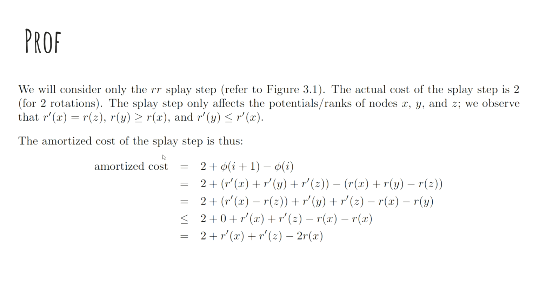So the amortized cost is equal to the actual cost, 2, plus phi i plus 1, the step after, less the potential function of i operations.